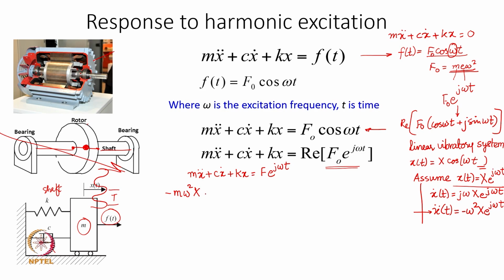So, I will keep them out, and then plus j c omega capital X, e to the power j omega t is a common factor which I will take outside, and then k and x is capital X. So, all the terms involve e to the power j omega t, and that is a common factor here, and then I have the forcing function on the right hand side as it is.